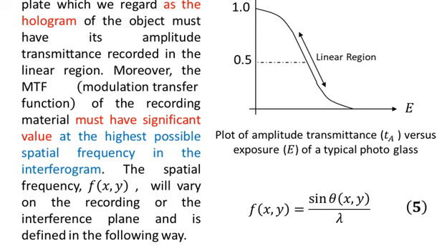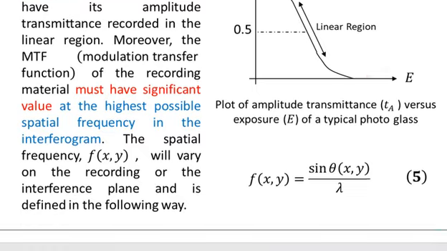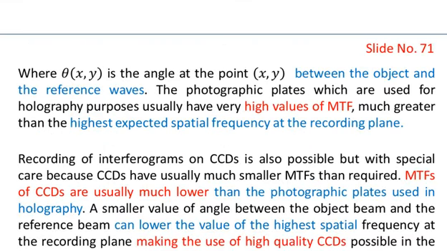So we are using photographic plates or photoglass for recording the interference pattern in the hologram, films with a very high MTF, so that we can record the very high spatial frequencies of the fringes produced at the hologram plate, given by equation number 5, where theta of xy is the angle at the point x comma y between the object beam and the reference beam.